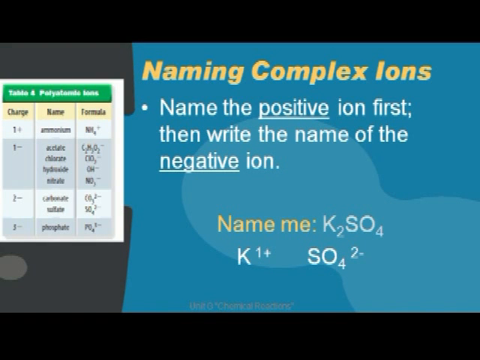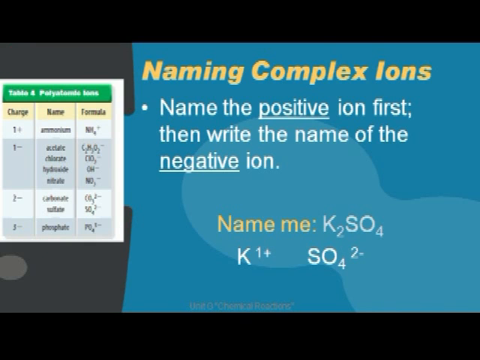Sometimes it's necessary to name compounds that contain what we call complex ions. Usually, these are compounds that have more than 2 elements put together. We have this list of complex polyatomic ions. You'll find this on the sheet that I gave you in class to help name our various types of compounds.